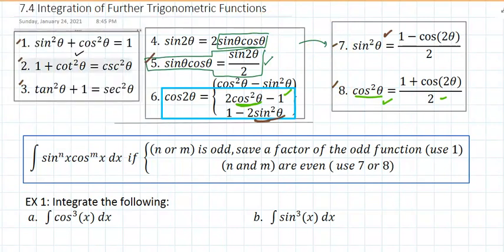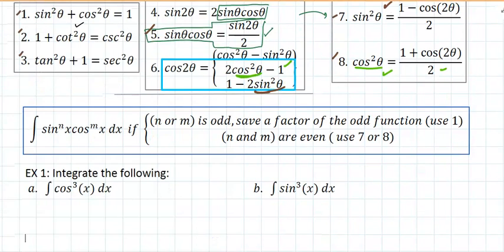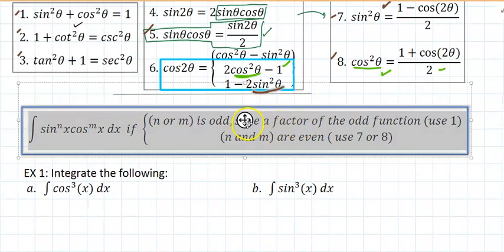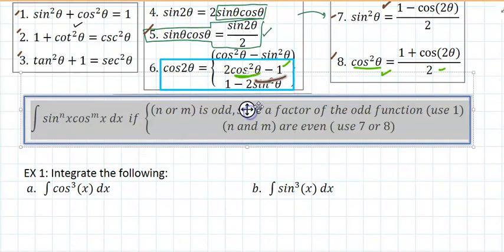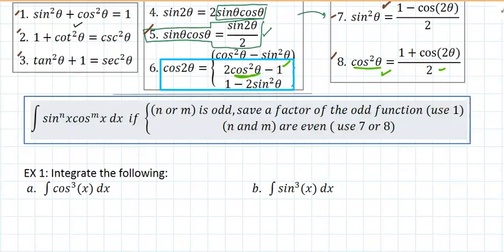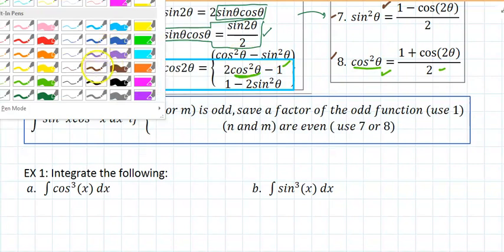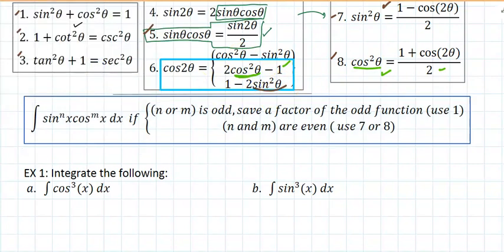So we break this section into 2 components. The first component deals with sine and cosine. The second will deal with tangent and secant, or cotangent and cosecant. So let's get that out of the way. If I see sine or cosine, I'm trying to see if one of them is odd.